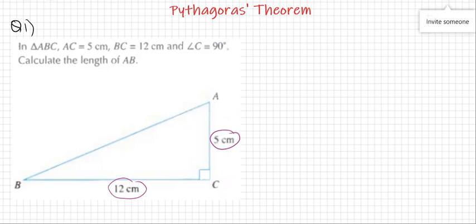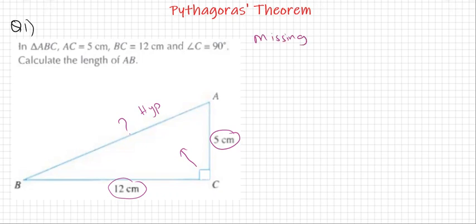Now, here we have to find out the length of AB. So what actually is AB over here? AB is the opposite side of 90-degree. So this side is a hypotenuse, and hypotenuse is missing over here. So this is the condition of missing hypotenuse.